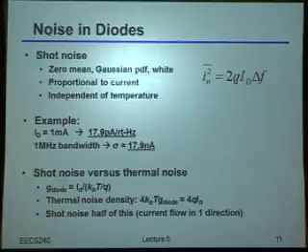If we take a diode and look at its so-called shot noise, the noise current density will just be equal to 2 times the electronic charge, Q, times the DC current flowing through that diode, times the bandwidth.